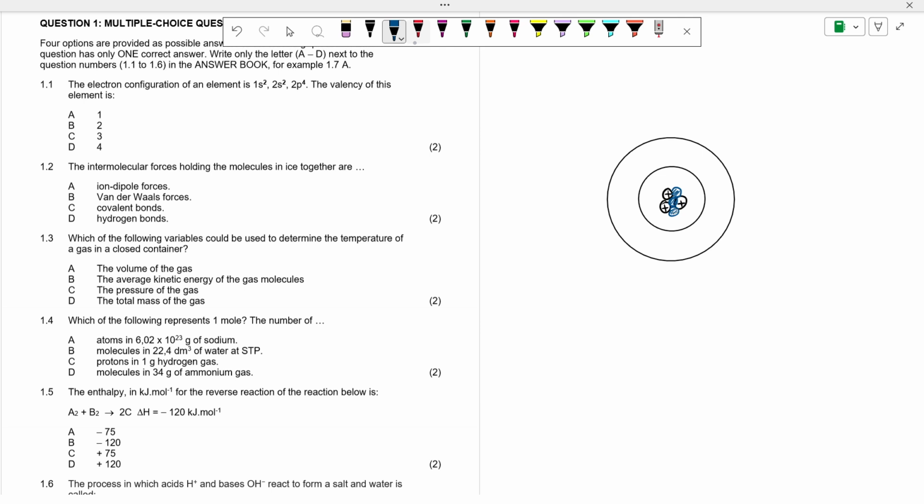Remember, neutrons like that. So that makes up our nucleus. And then what else we have is electrons that are actually orbiting around our nucleus like this. And then if I draw exactly the configuration that we have for 1.1, then we're going to have 1, 2, 3, 4, 5, 6 on the outside.